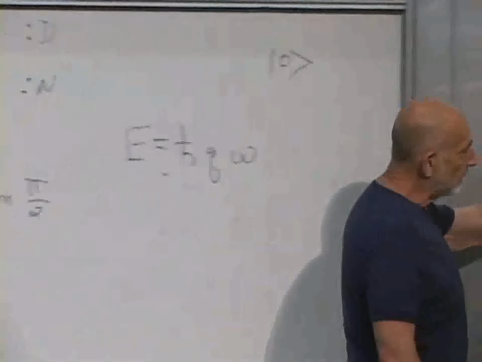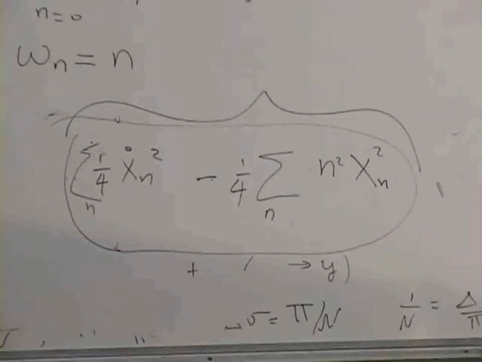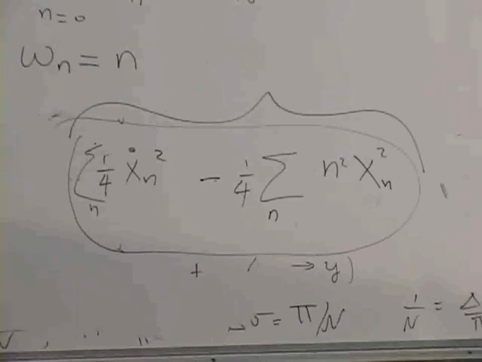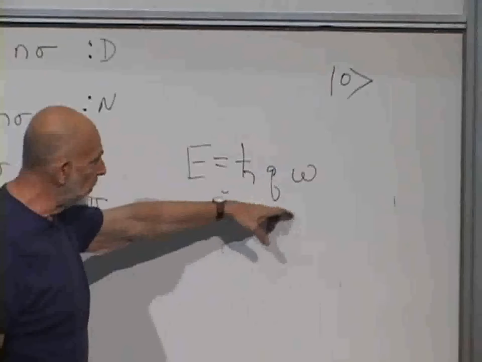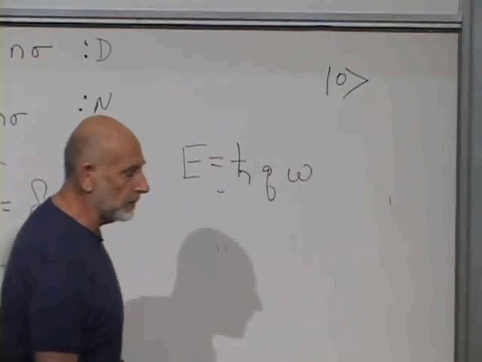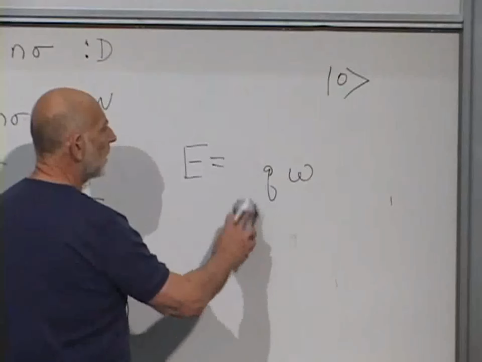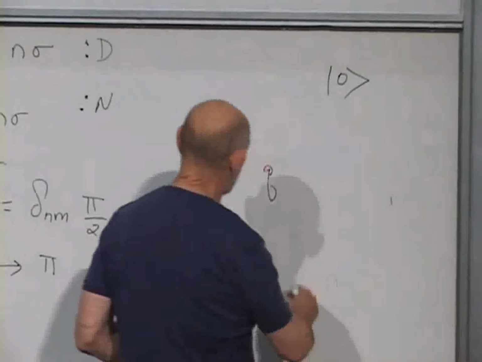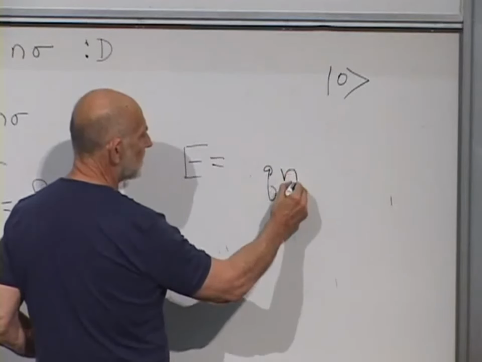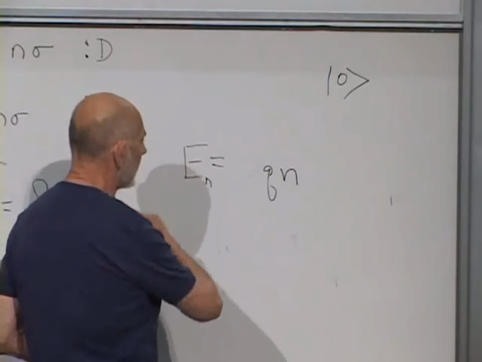These integers label different oscillators, but each oscillator itself can be excited. So the energy of an oscillator is the integer q times the frequency. We're going to set Planck's constant equal to 1. Let's forget Planck's constant. And omega is just n. So for the nth oscillator, the energy is just q times n.